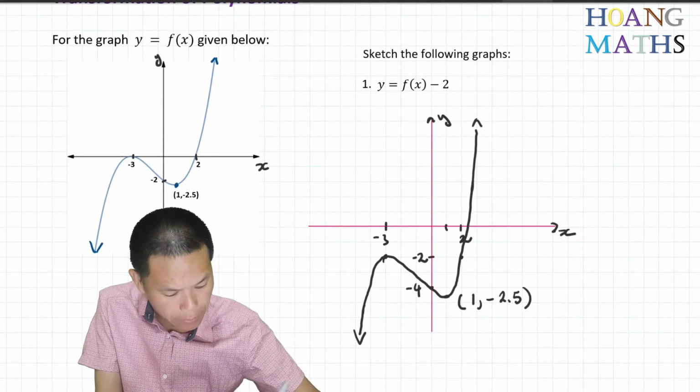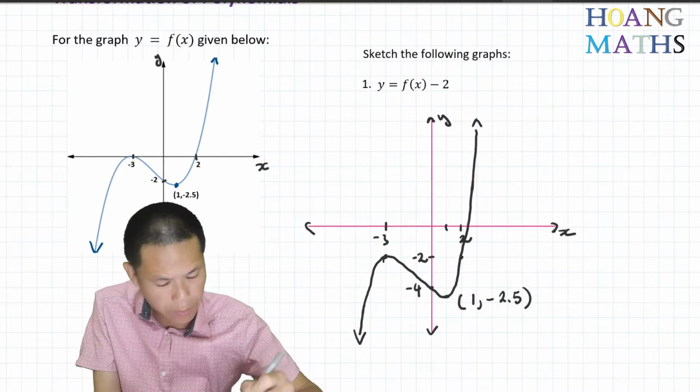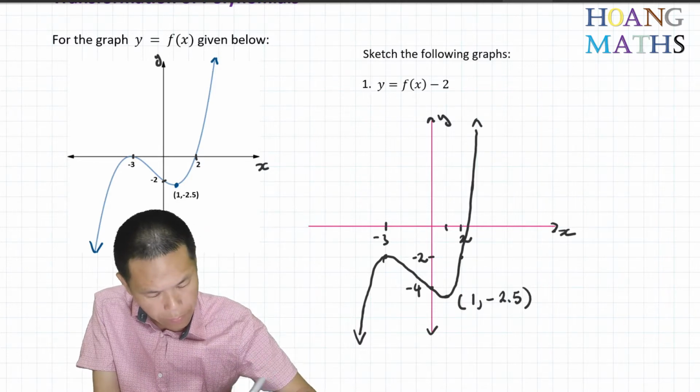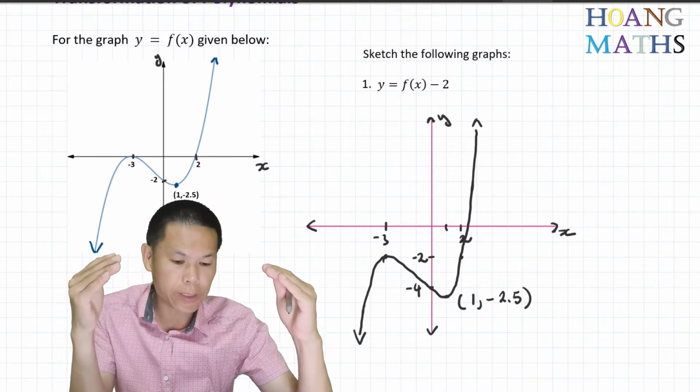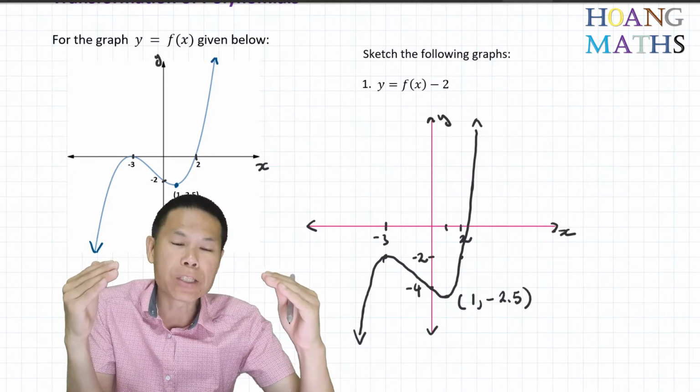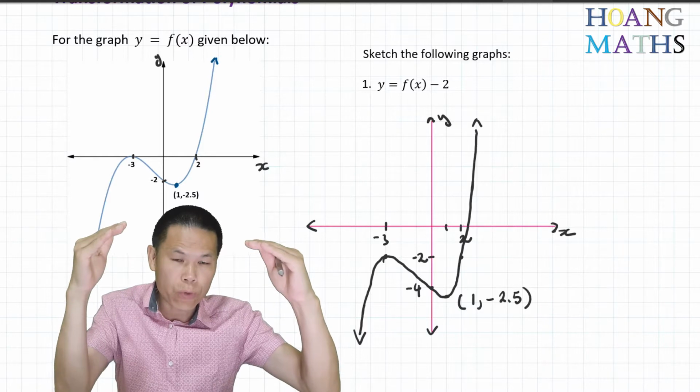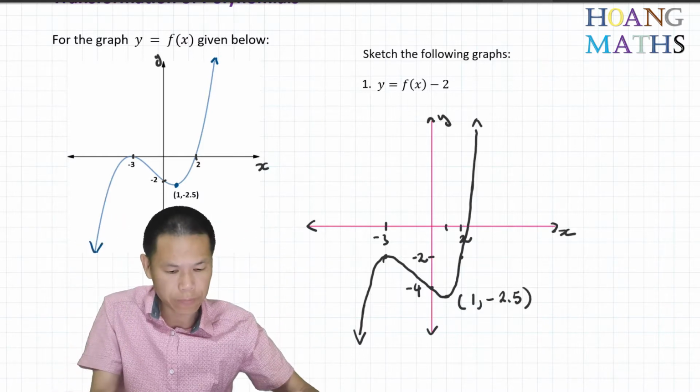Extend this a bit. There you go. So this is f of x minus 2. The whole graph moved down 2 units.